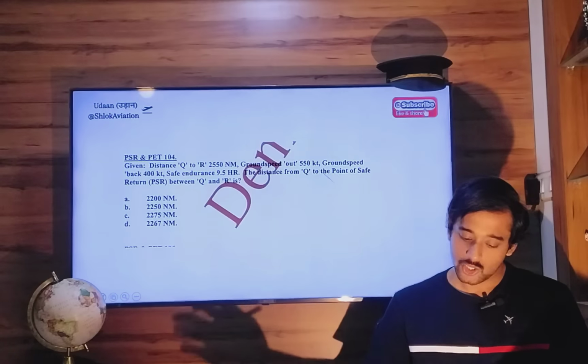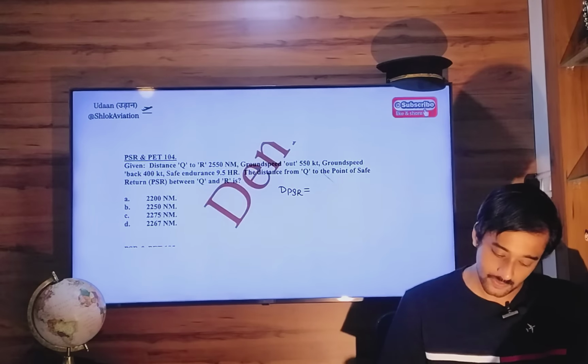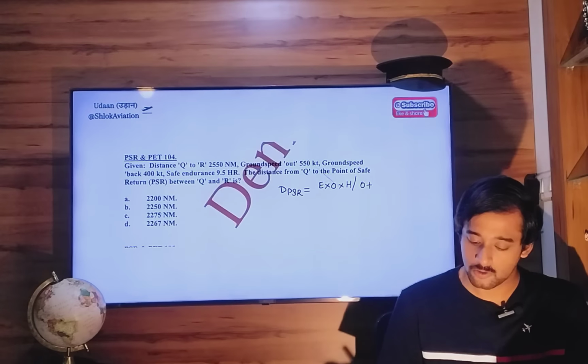Next. What is the distance to the point of safe return? So distance to the point of safe return equals endurance into outbound into homebound divided by outbound plus homebound.